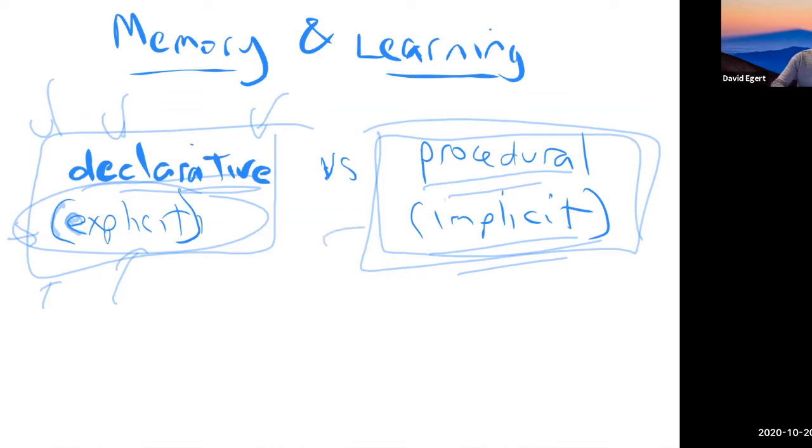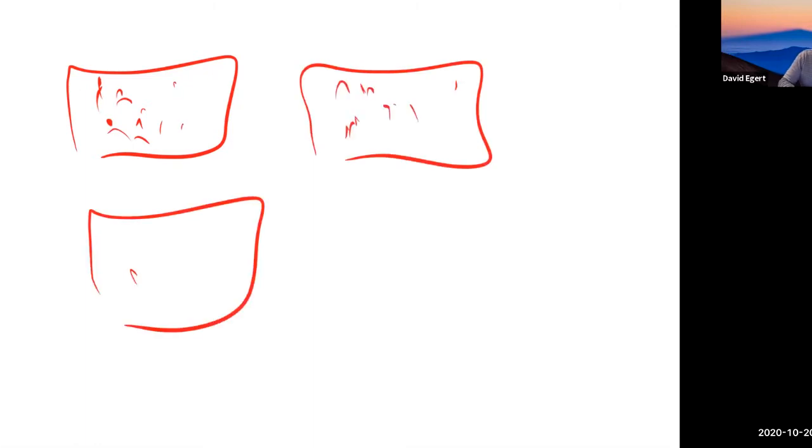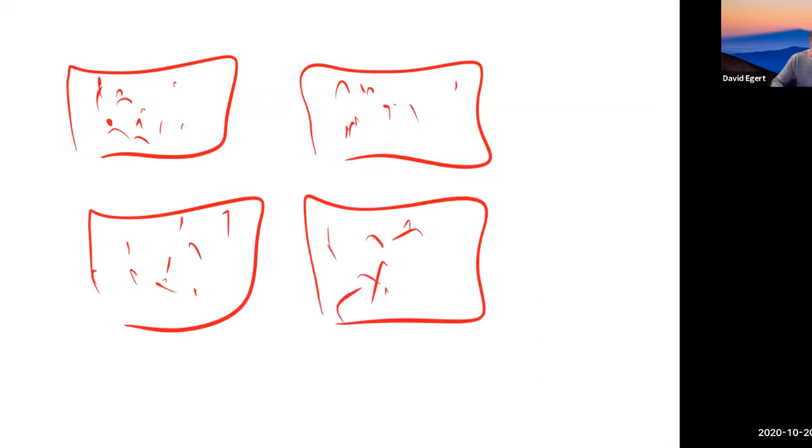Examples of implicit learning, like they do these studies where there'll be a training session and they'll say, okay, here is a picture and this picture is a yes, and this picture here, that's also a yes, and this picture here, that's a no, and this picture here, that's a yes, and this picture here, that's a no.